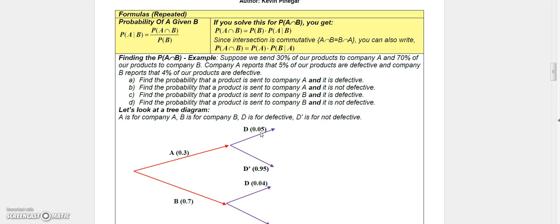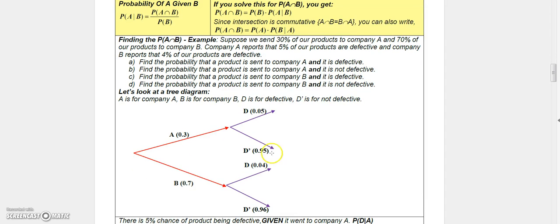That's where we get the 0.05. If 5% are defective, then 0.95 or 95% are not defective. That's D prime, which just means not defective. Company B finds 4% defective, so they would find 96% not defective.